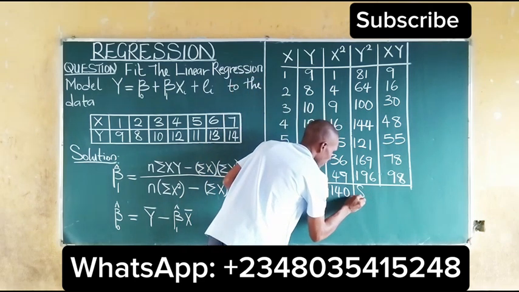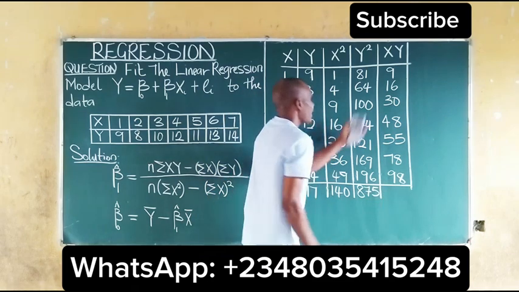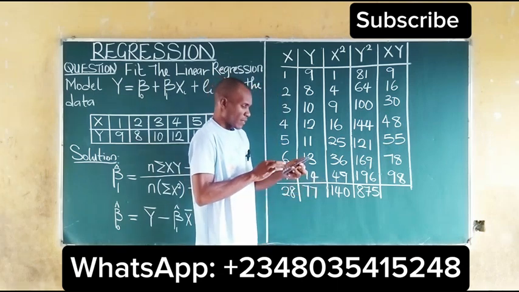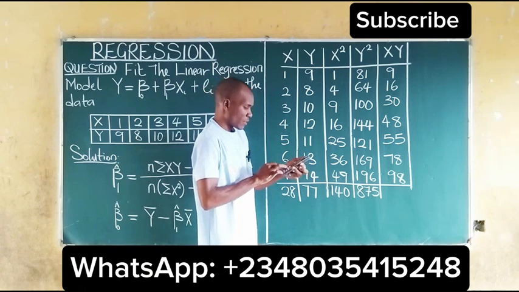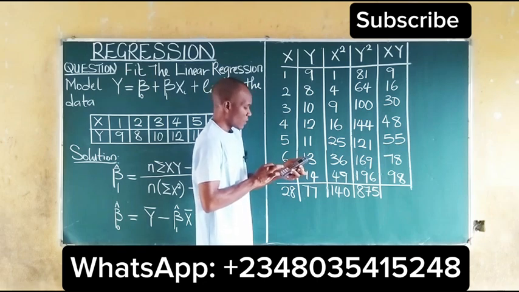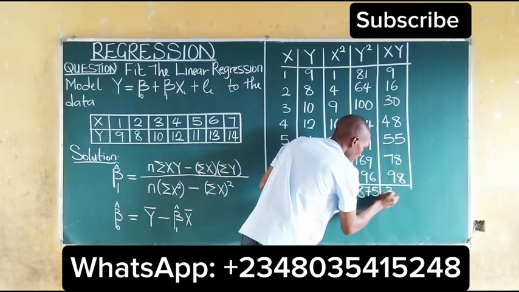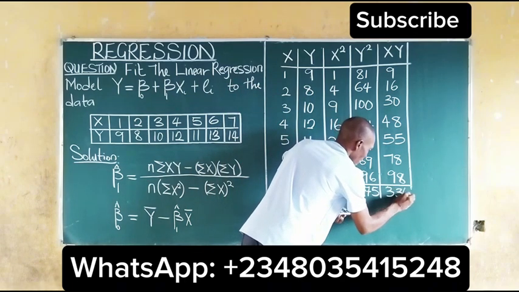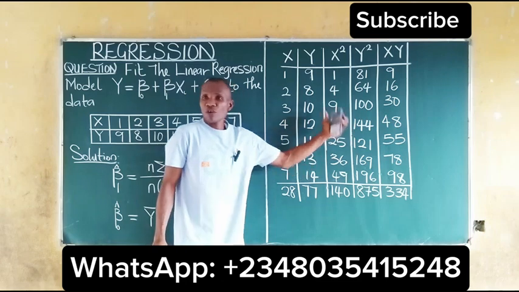We have 875. And the last line we have 9 plus 16 plus 30 plus 48 plus 55 plus 78 plus 98. So we have 334. So this is the total of all we have here.